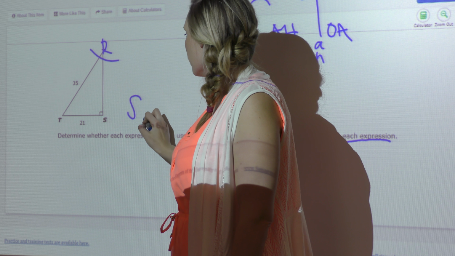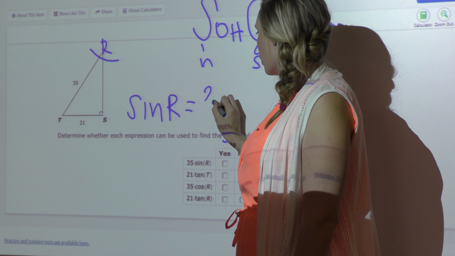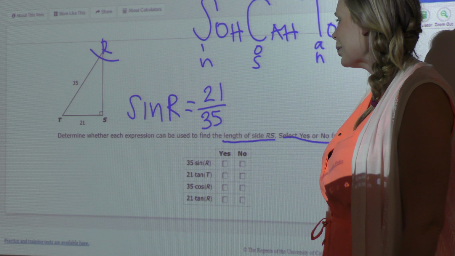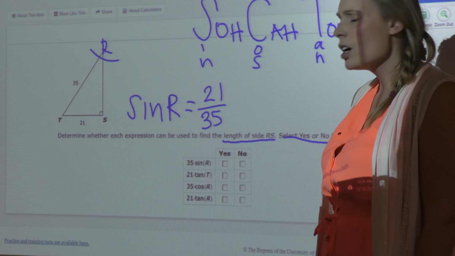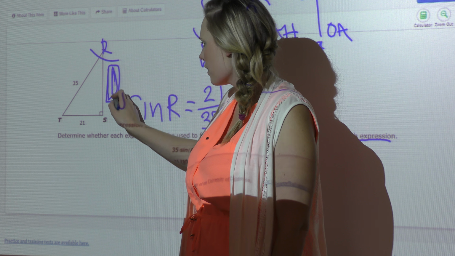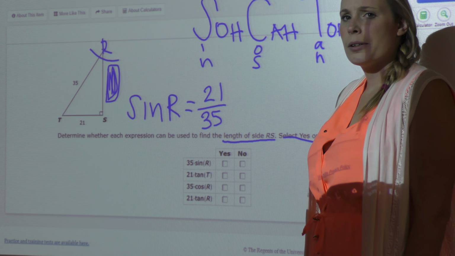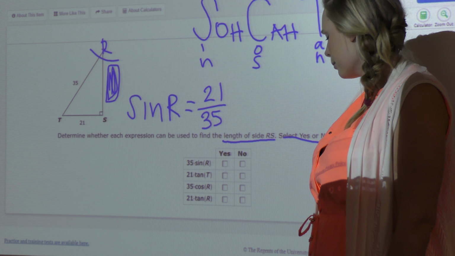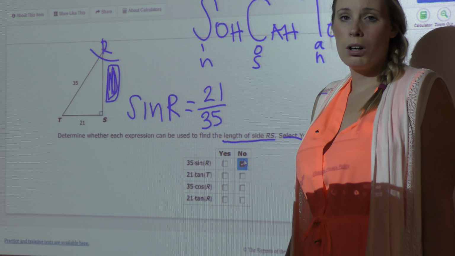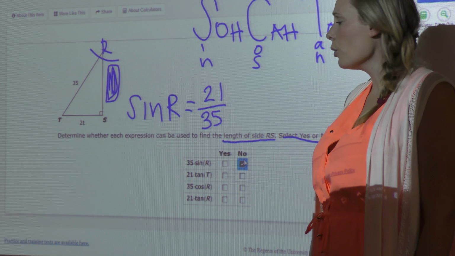So sine of angle R is 21 over 35. Does that tell me anything at all about this length? We're looking for this length here. It doesn't. It doesn't tell me anything about that length. And so I'm going to say that this is probably a no. The sine of angle R didn't tell me anything at all about that length. And so I'm going to click no there.